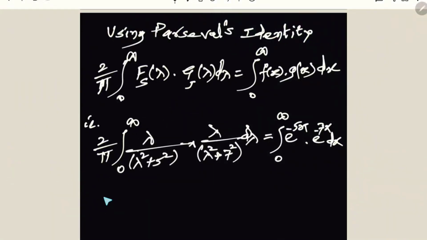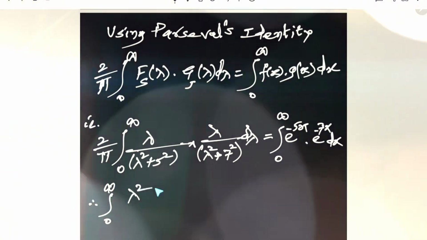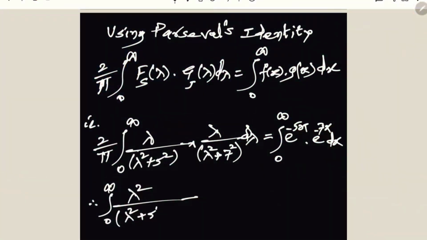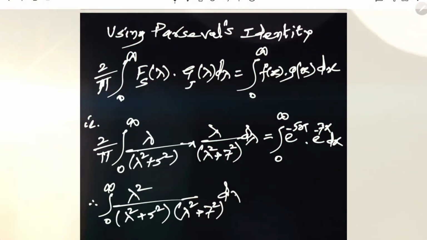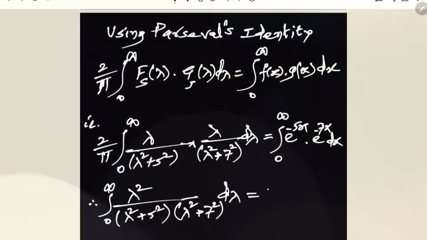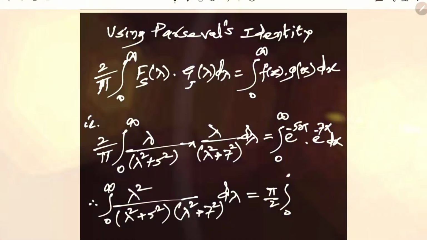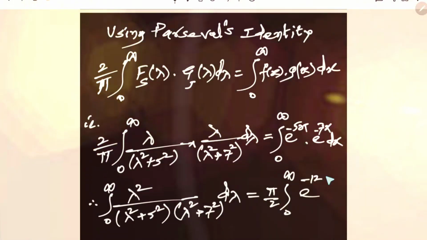Simplifying it with respect to x, we get the integral from 0 to infinity of lambda square upon (lambda square plus 5 square) into (lambda square plus 7 square) with respect to lambda as the integral from 0 to infinity of, taking the addition of the powers, e raised to minus 12x, and transferring that 2 by pi to the right hand side we get pi by 2.